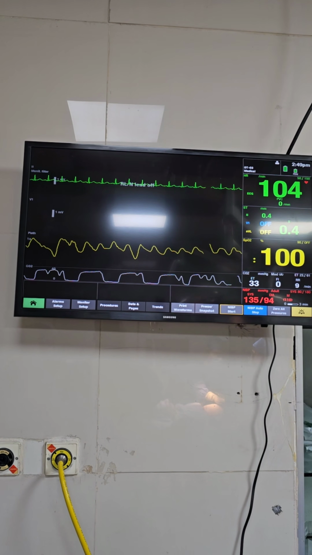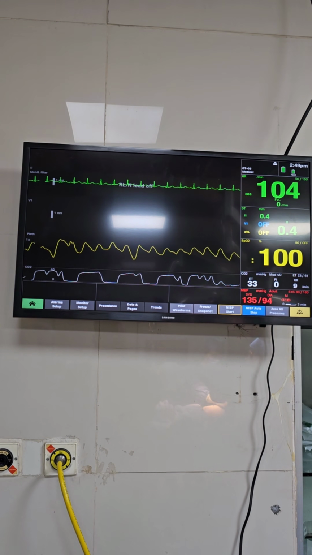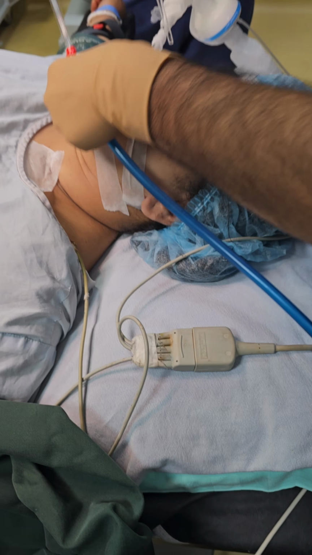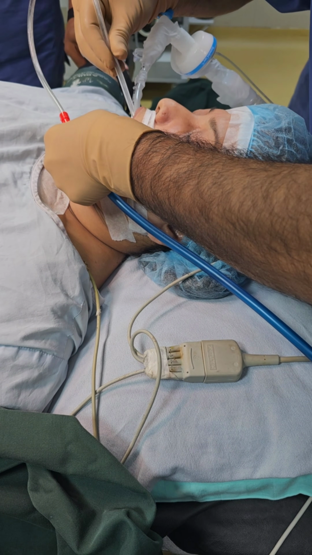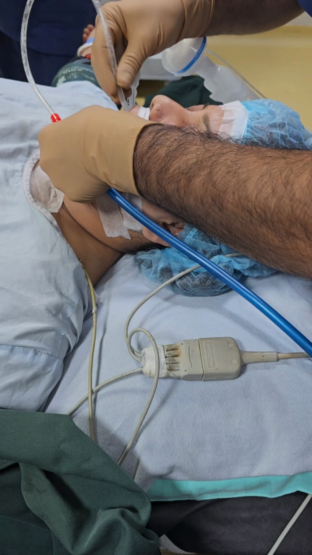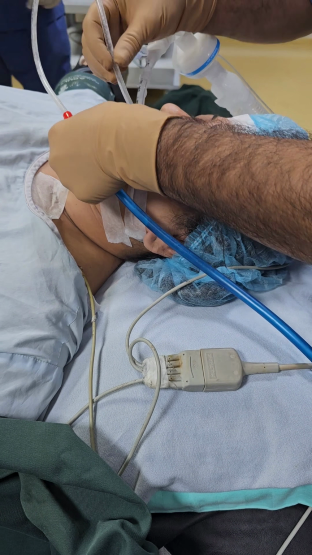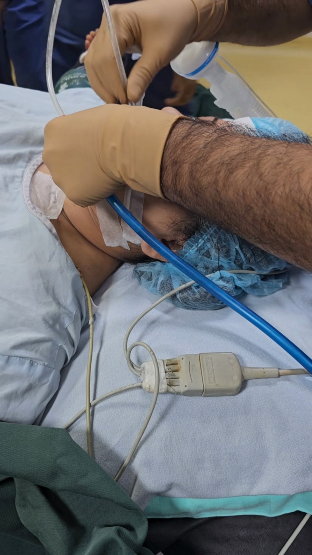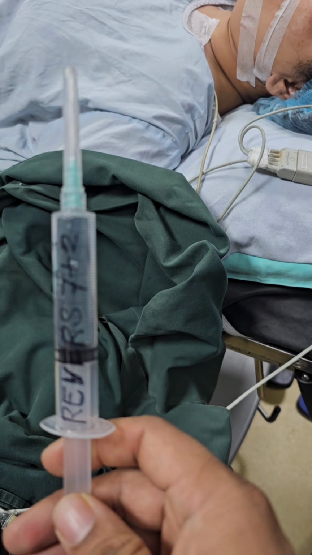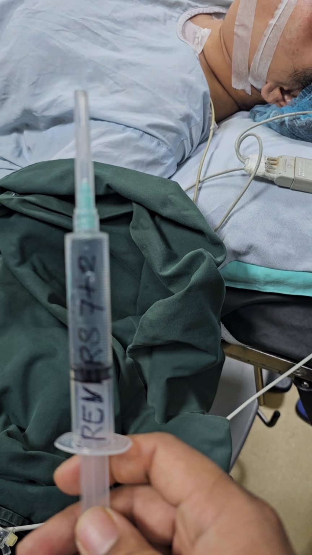And we are seeing that the patient is breathing, which can be seen by the ETCO2 graph. We are starting the oropharyngeal suction. There is some secretion inside her mouth, which is expected. And after cleaning the secretion with suction, we are going to give the reversal.